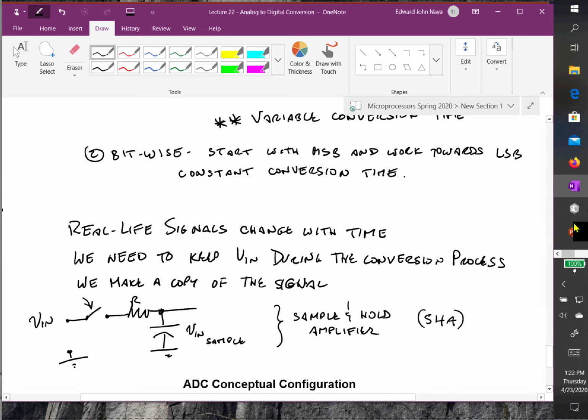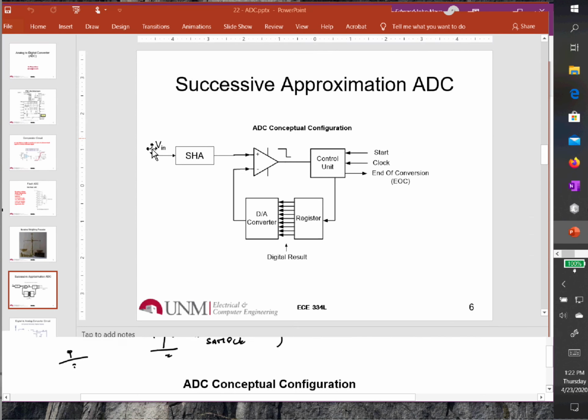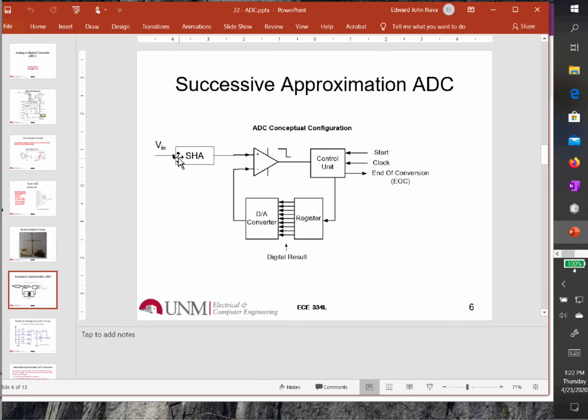So when I come back over here, I'm bringing in my unknown voltage. I'm going to take a sample of it. This is a sample of my input voltage, and I'm going to compare it to this reference to come up with an estimate of a digital equivalent value that is an approximation of this analog signal.